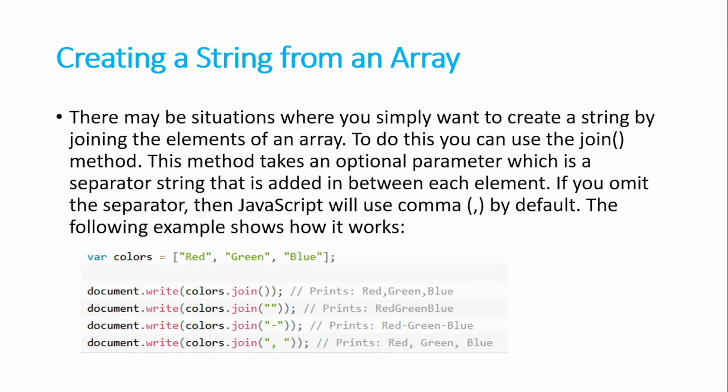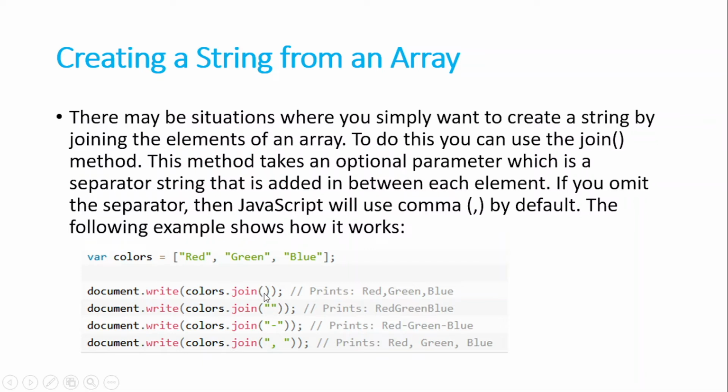Creating a string from an array. So you can easily turn an array into a string. Let's say you want to create this array into a string. So how can you do that? You can do this very easily by using this join method on the array. This join method actually changes this array into a string, and it also asks for a separator in the double quotes.